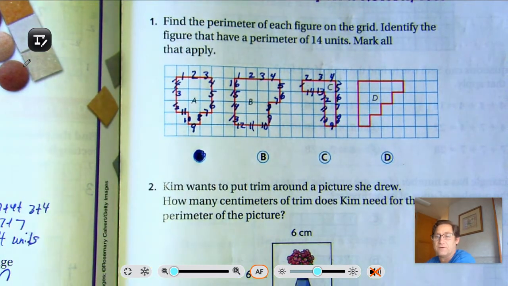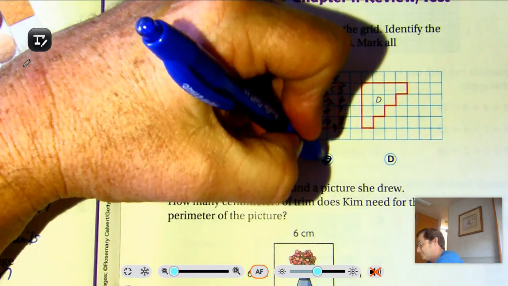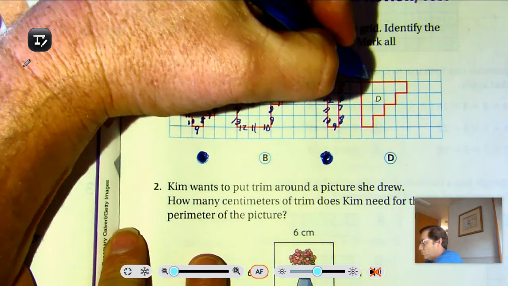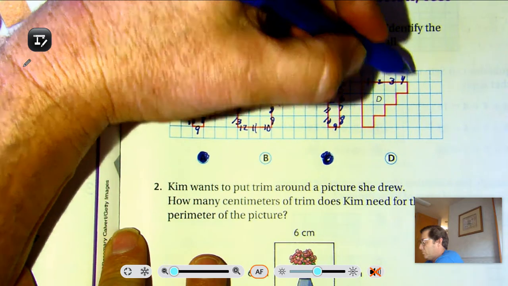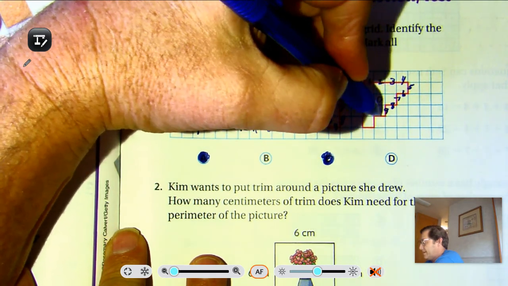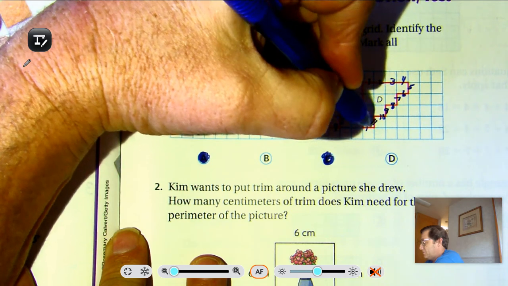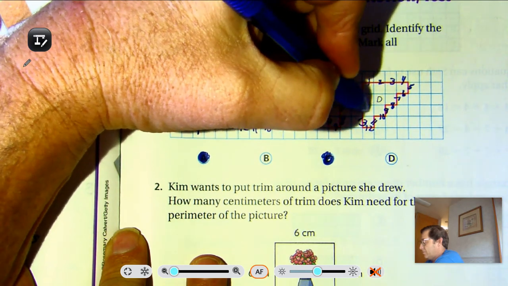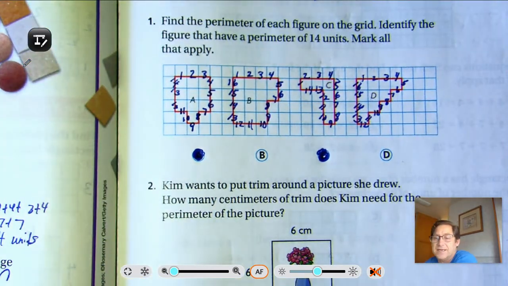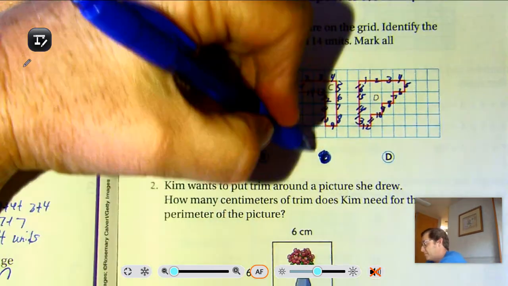Okay, so that one has 14. And D. 1 through 16. So D does not have 14 units.